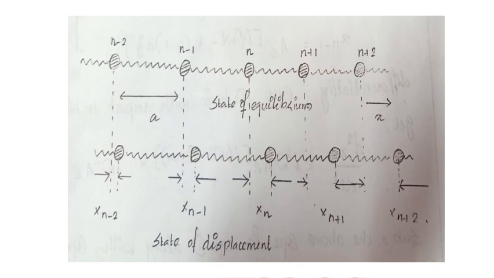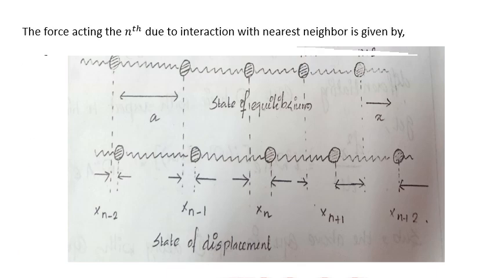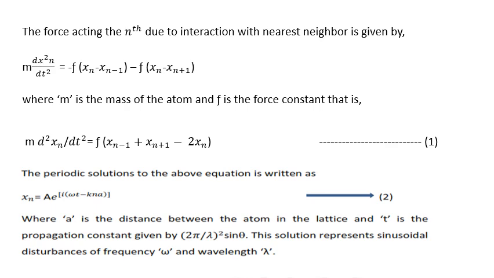Okay, now when this vibrates, what will be the equation? That is, the force on the nth atom due to the interaction with the nearest neighbor is given by m d square xn by dt square, which is nothing but acceleration.